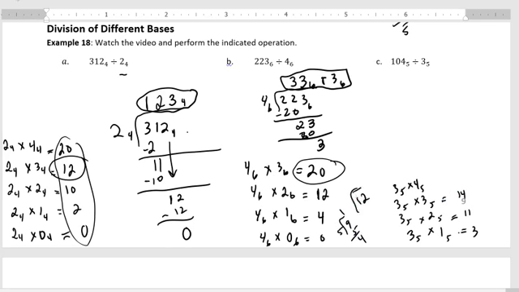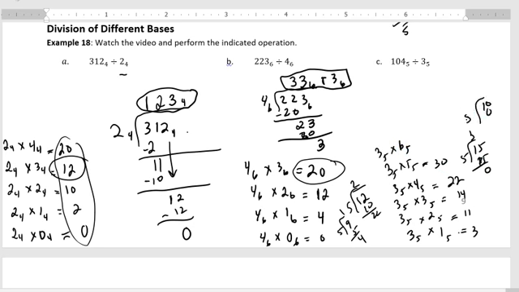So if we divide by 5, we get 22. 3 base 5 times 5. 5 times 3 is 15. Divide by 5. So we get 30. And 3 base 5 times 6 is 18. Divide by 5. So we get 33.